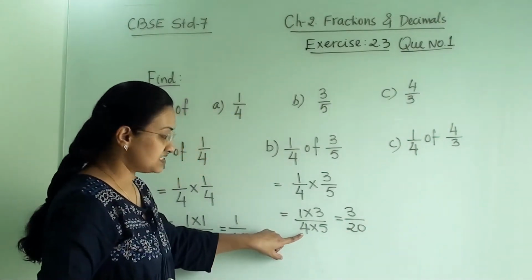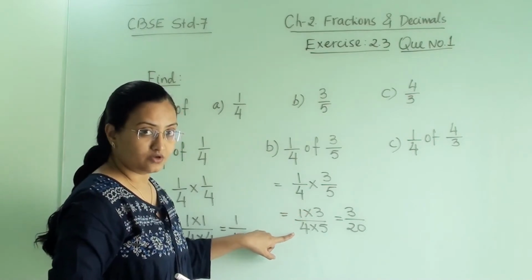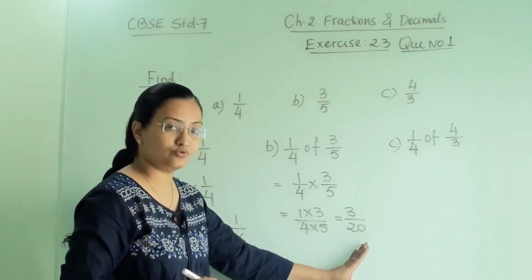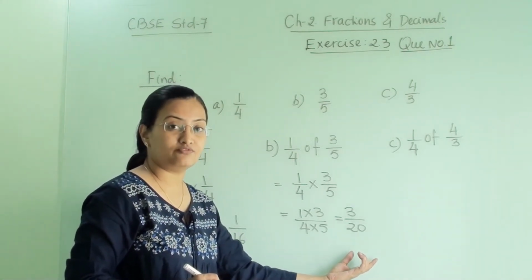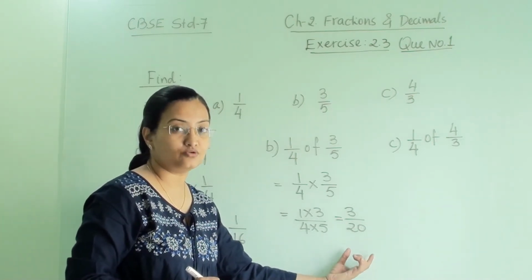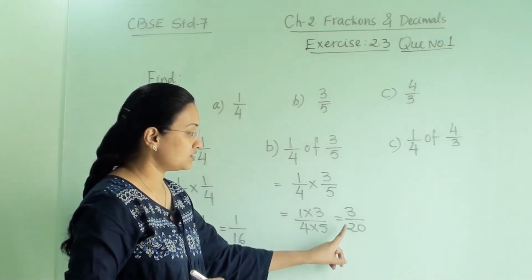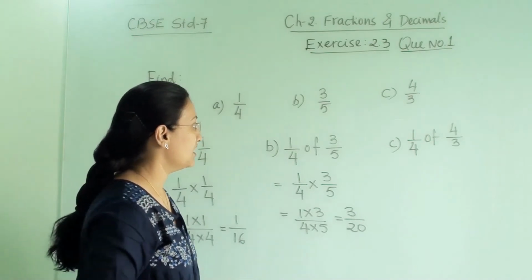At this step, if you can see that something can be reduced or cut, then you have to do that. Or once you write the answer, if you find that it can be reduced to the lowest term, then you have to do that. Here, for 3 and 20, we cannot cut or divide anything. So this is going to be our answer.